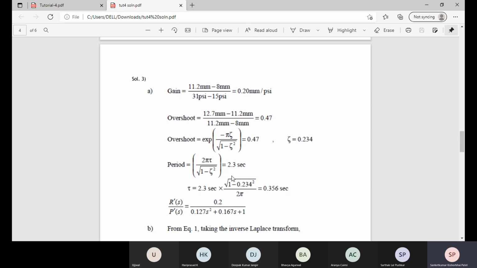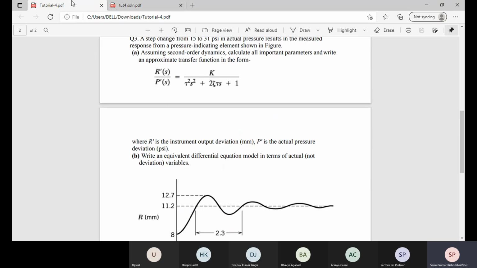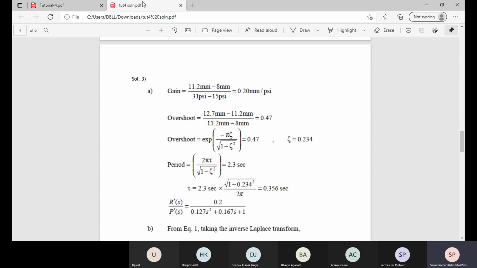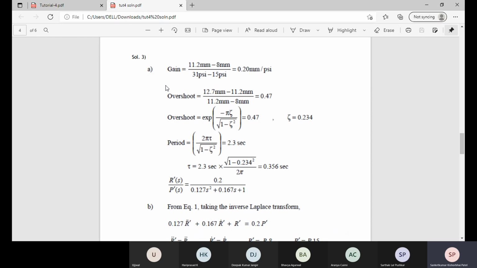So from the definition of gain, from the figure we can find the value of gain, that is 11.2 minus 8, this difference upon the step change we made, that is 31 minus 15. So we will obtain 0.2 mm per psi.